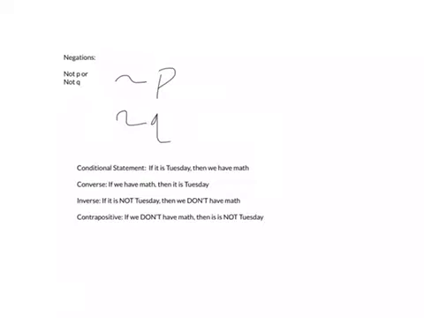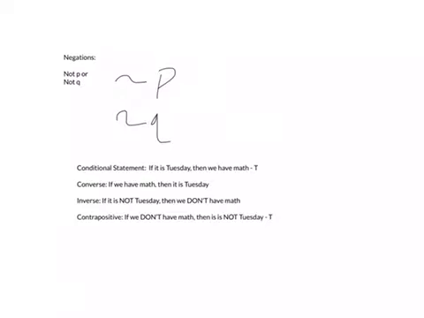Now the truth values for these are related. If the conditional statement is true, then the contrapositive is necessarily also always true. That says nothing about the converse and the inverse. So if the conditional statement is true and the contrapositive is true, the converse and inverse are not necessarily true.